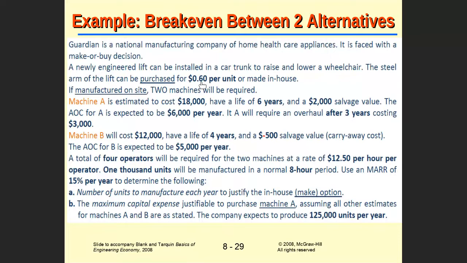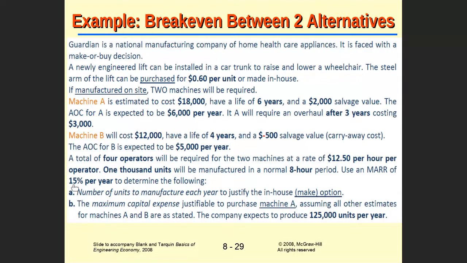However, we have not yet calculated the total cost for all of them. For the purchasing option, this is the total cost because there is no fixed cost. It is only variable cost. But for the making option, there is a fixed cost that needs to be calculated first so we can compare them to each other.